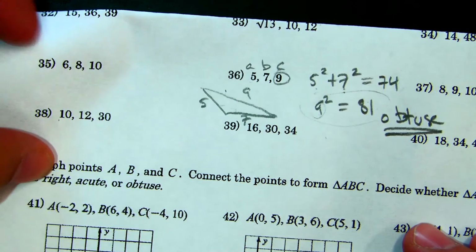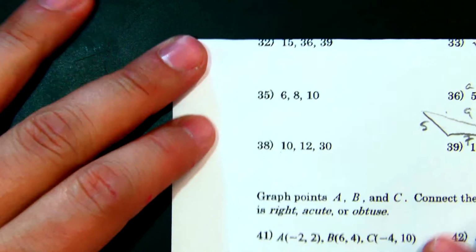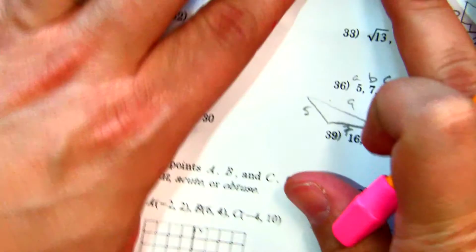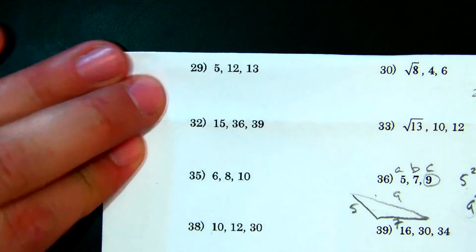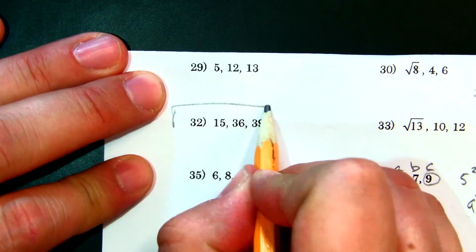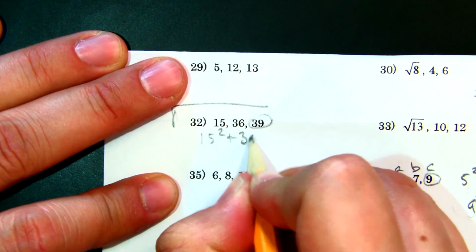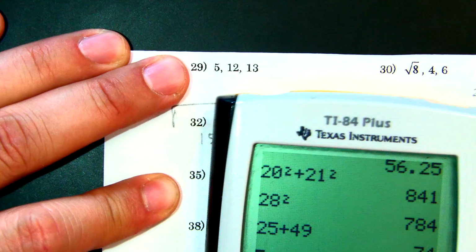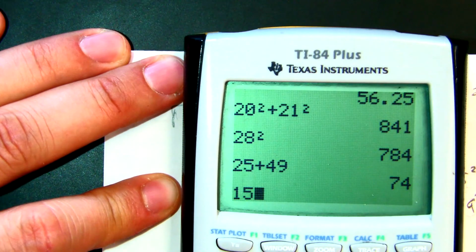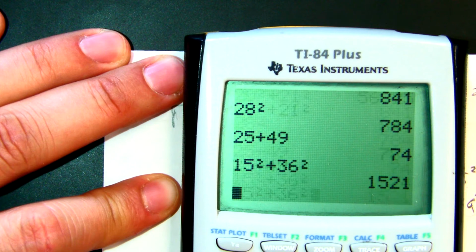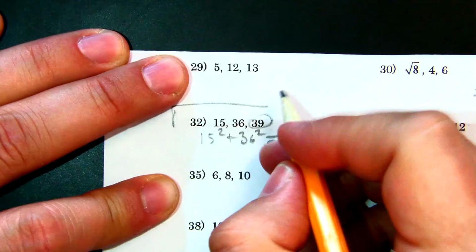Okay, do one more. Let's do 15, 36, and 39. So again, 39 is going to be our C, so we'll take 15 squared plus 36 squared, and we get 1,521.